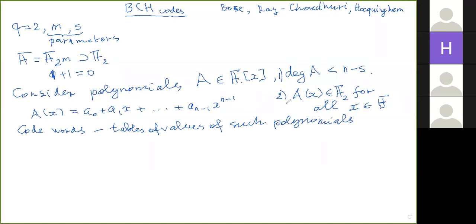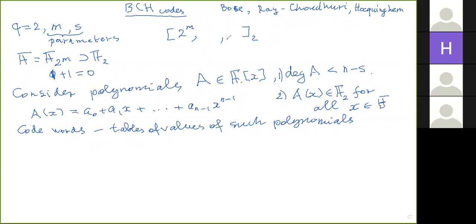Because of this second condition, the table of values consists only of zeros and ones. So our alphabet has 2 letters, as I said. So we obtain the following parameters. The block length is 2 to the m because there are that many elements in the large field. The alphabet is binary. Now, what can we say about the distance?